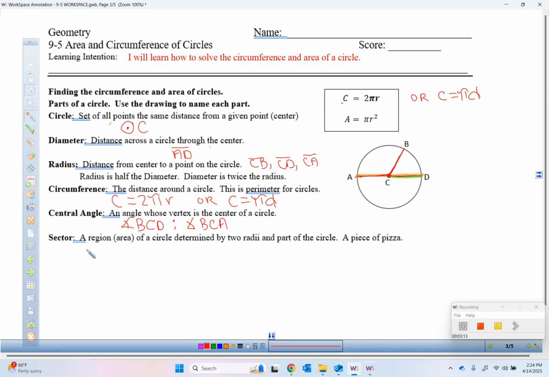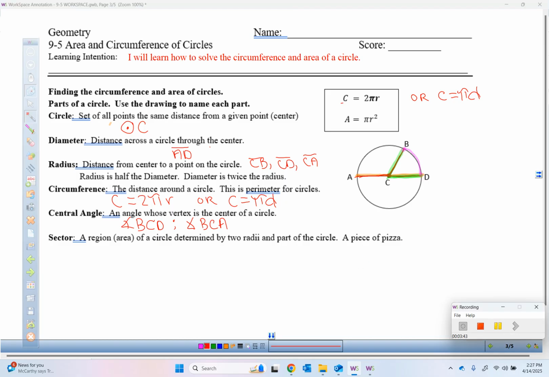A sector is a region or area of a circle determined by 2 radii and part of the circle. And so when we say 2 radii, this might be a radius, and this is a radius, and then we have these points right here and right here, and this is what makes the sector. And that's why it's kind of like a piece of pizza.